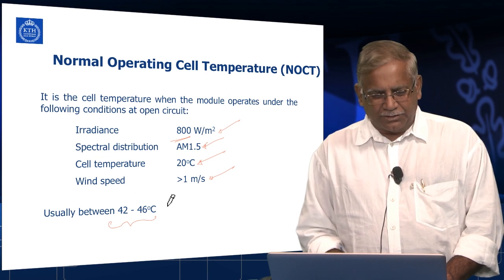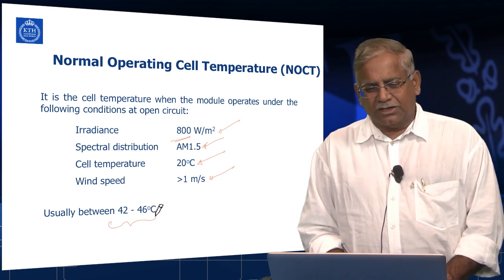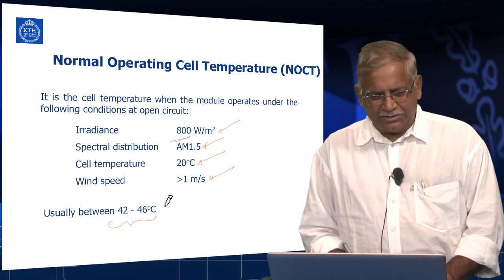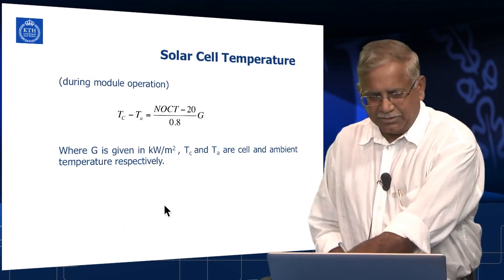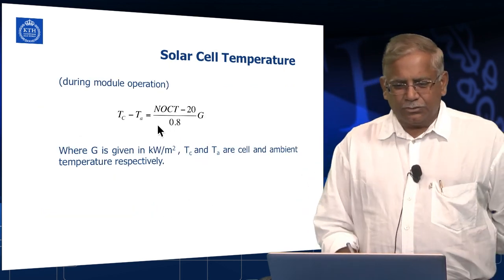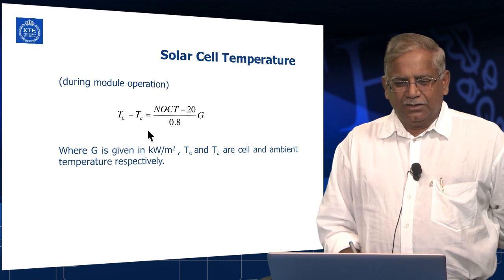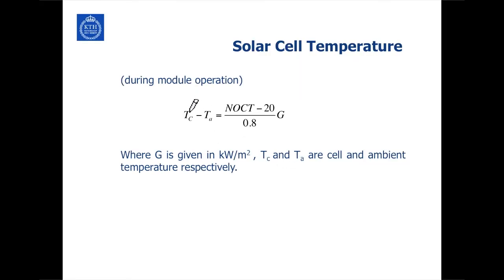You remember that we talked about cells getting hot because of inefficiency, and you can see that value in here. So during the module operation, the cell temperature is given by this value here, that's the operating cell temperature. This is the ambient temperature, which you know, and the normal operating cell temperature is given by the specifications of the module, and that's minus 20, divided by this efficiency factor, and multiplied by the insolation.